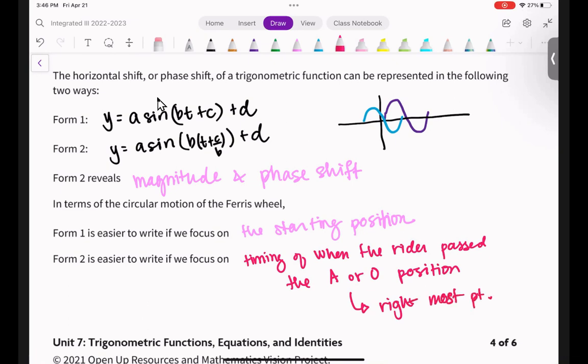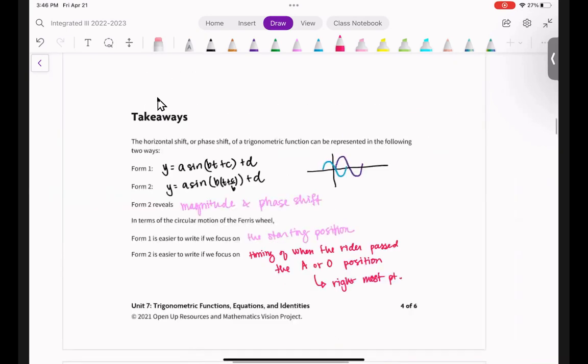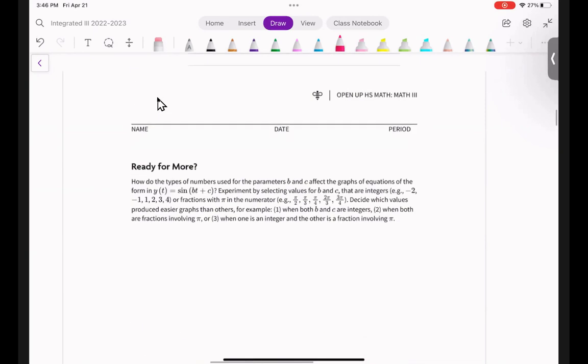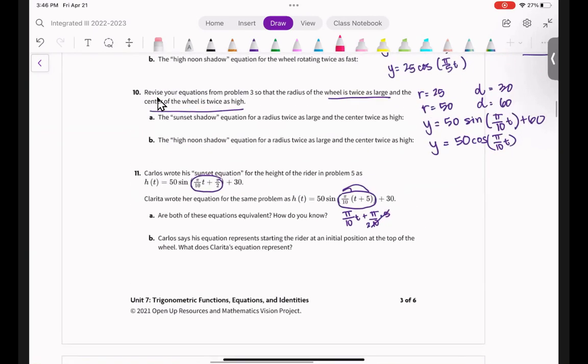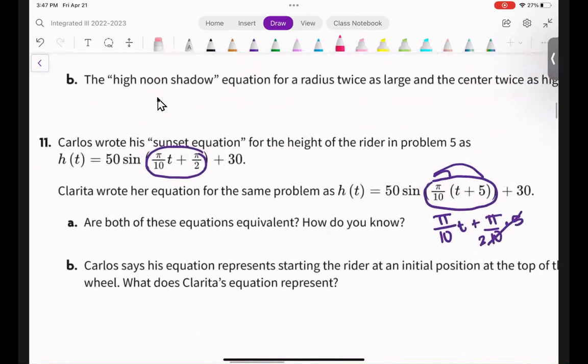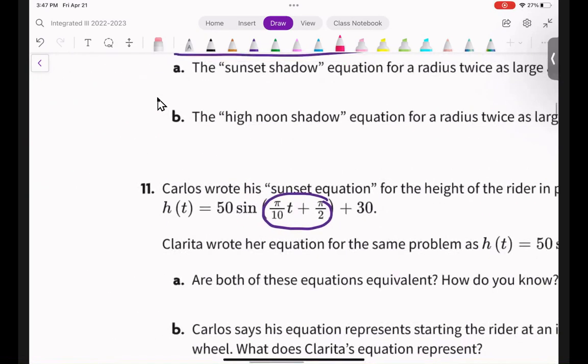Okay. So that's pretty much it. The biggest thing that you were supposed to learn here is number one, there's two forms. This is basically form 1 and form 2. Form 1 is talking about the initial position of the rider. So that's your initial position, right?